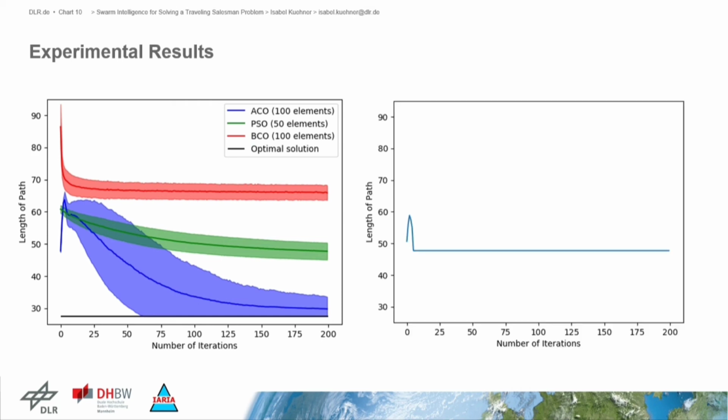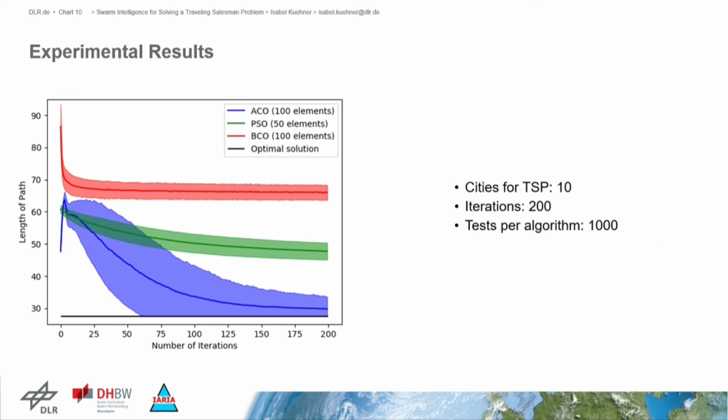And for example, we have here one experiment where we had 100% on exploitation. And as you can see, the swarm converges very, very quickly, but towards a non-optimal solution, so it gets stuck in a local minimum.